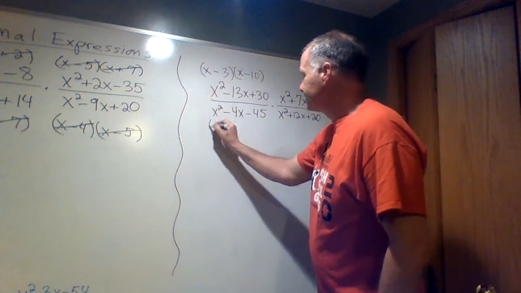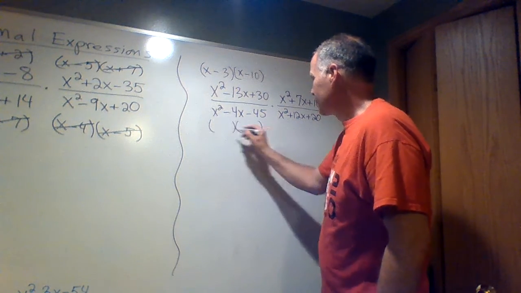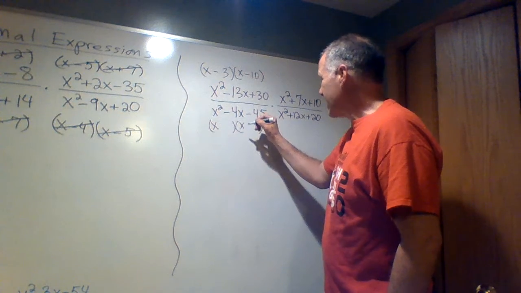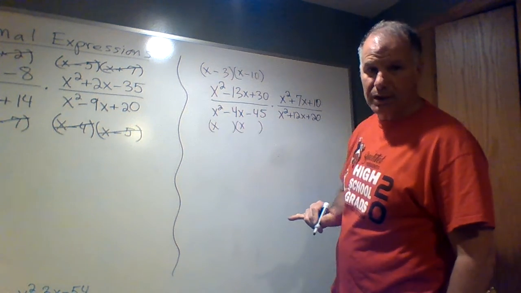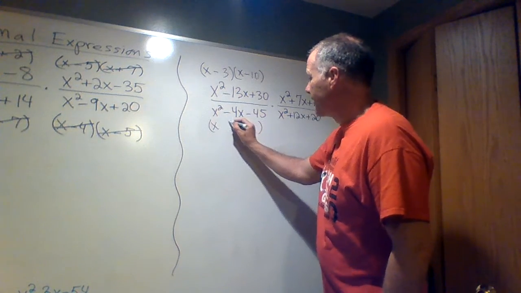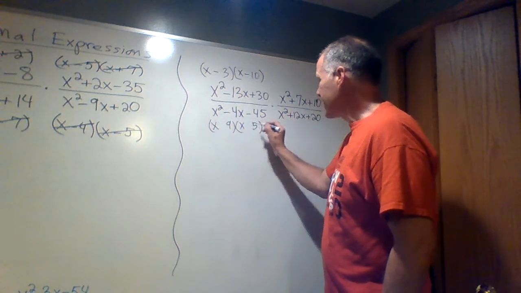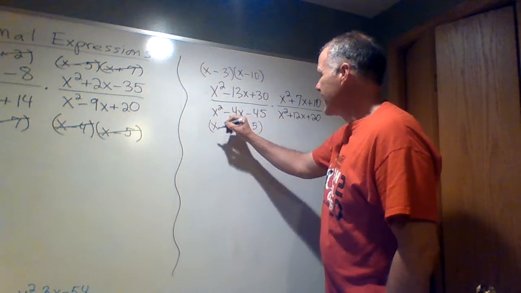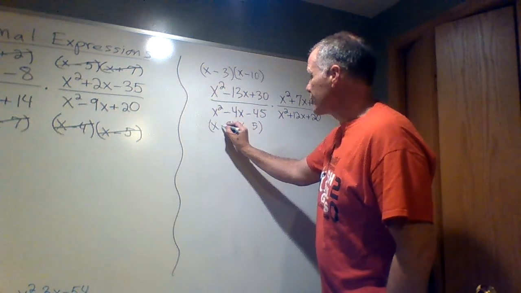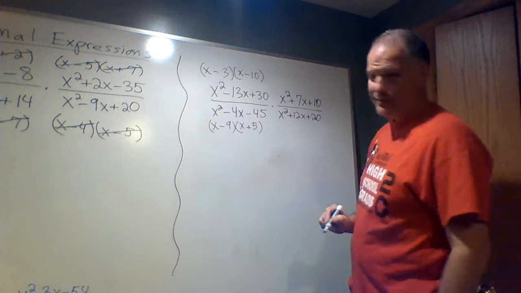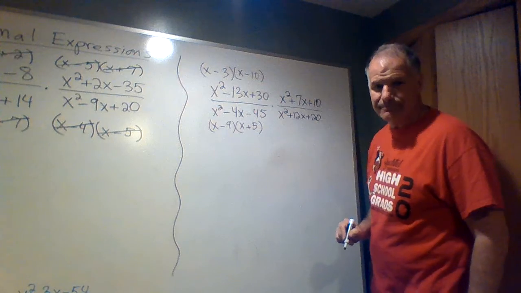Now this one, x and x, factors of 45 that subtract to make 4. What multiplies to make 45 that subtracts to make 4? That's 9 and 5, right? 9 times 5 is 45. 9 take away 5 is 4. I need a negative 4, so the larger has to be negative, which makes the 5 then positive.